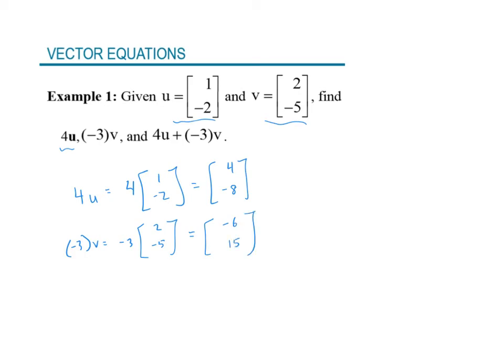And then we're going to find that sum, 4 times u plus negative 3 times v. Well, we've already got 4 times u, that's 4, negative 8, and we're going to add to that our negative 3v, negative 6, 15. And when you take that sum, add the corresponding entries together, you get negative 2 and positive 7. So there's a little vector operations.